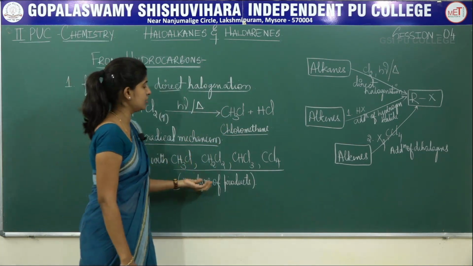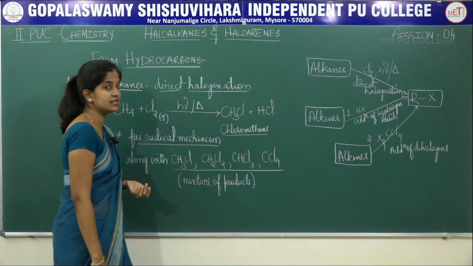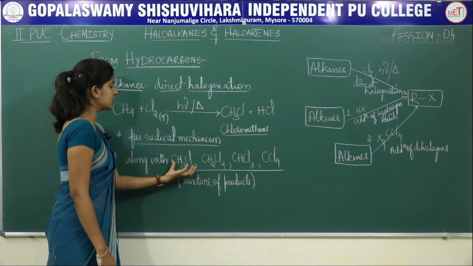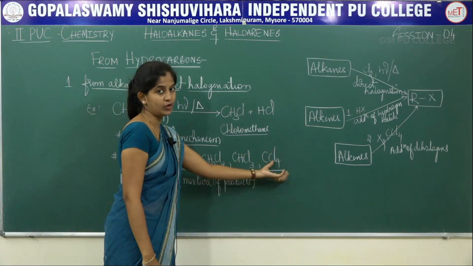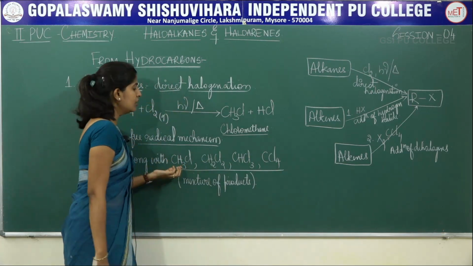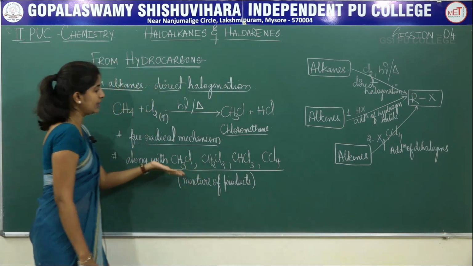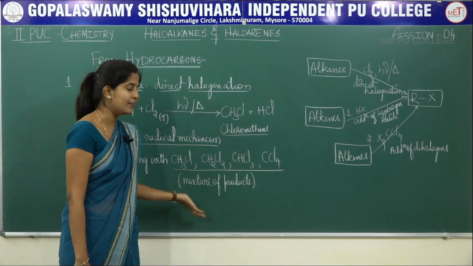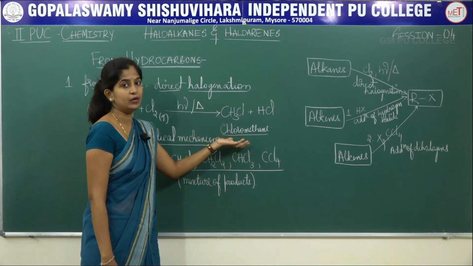The isolation or separation of these products to get one desired product is very difficult. Say if this is the desired product, I have to separate these 3 molecules. If this is the desired product, I have to separate these 2 and even this one. So like this, the separation technique becomes very difficult in this method. As a result, this is not suitable as a laboratory method to prepare your haloalkanes.